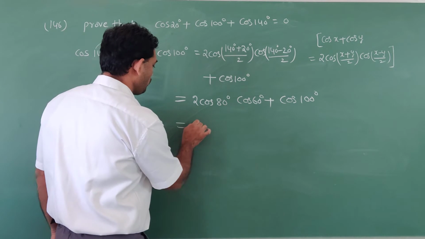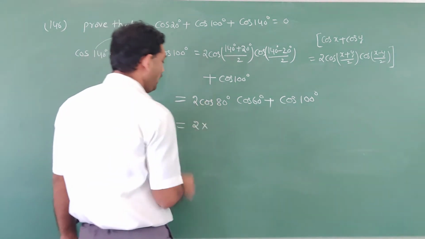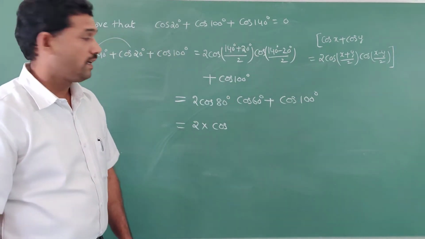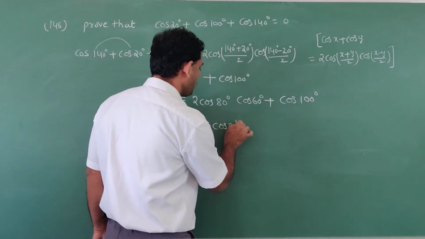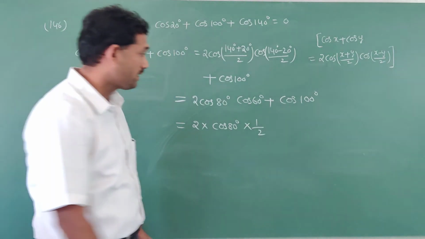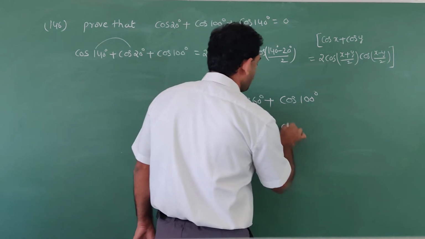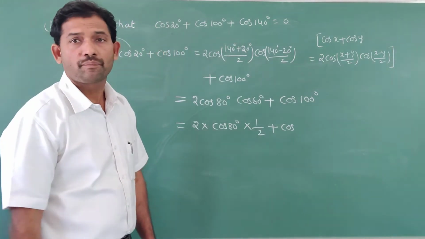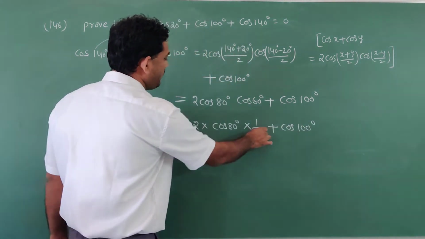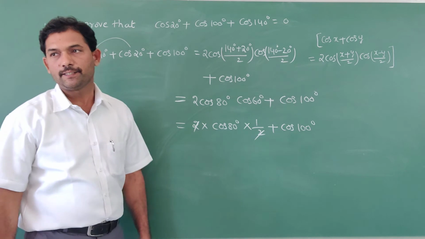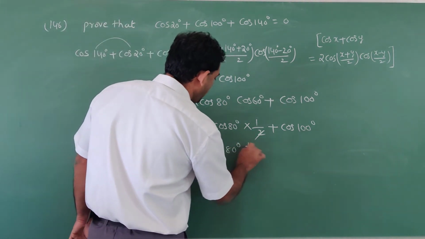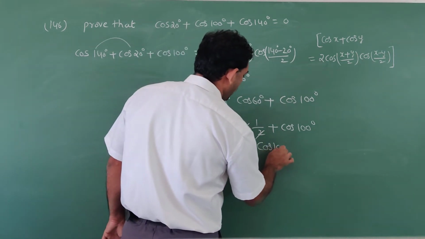Now 2 into cos 80 degrees, cos 60 degrees value already you know is 1 by 2, plus cos 100 degrees. The 2 and 1 by 2 get cancelled. Now remaining cos 80 degrees plus cos 100 degrees.